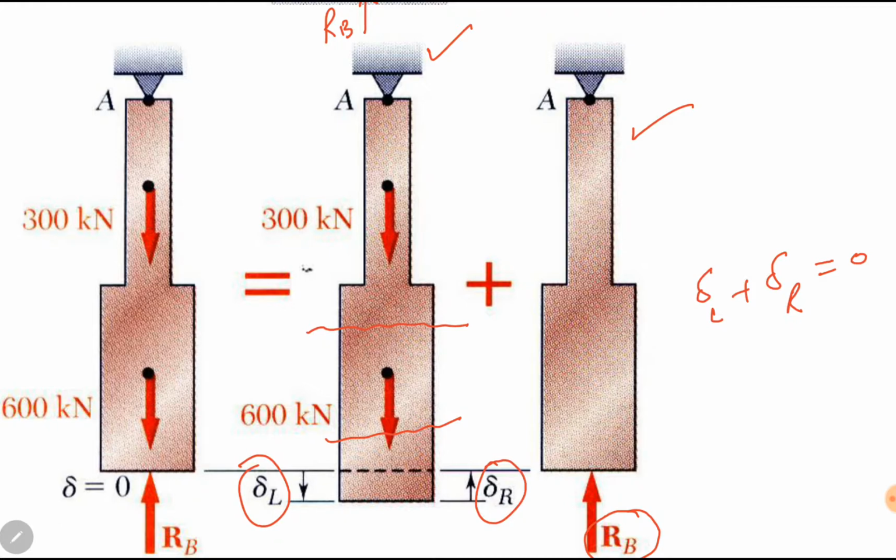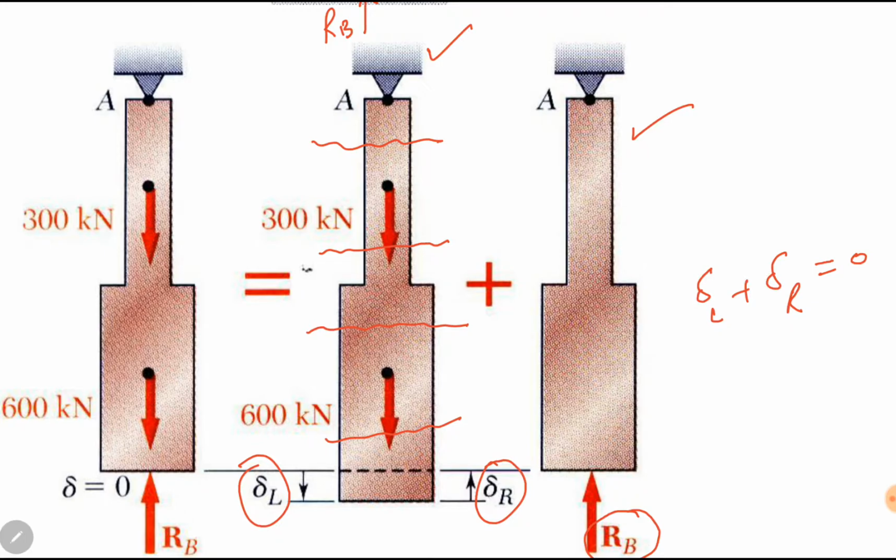But then there is an area change, so we have to create another section between 600 and 300. There are two changes after 600 kilonewton. One is the force change, the other is area change. So either the force changes or the area changes, or if the material changes. In this case, the material is not changed. But if the material changes, we have to create a section and find P. Again, here, after 300 kilonewton, we have to create another section.